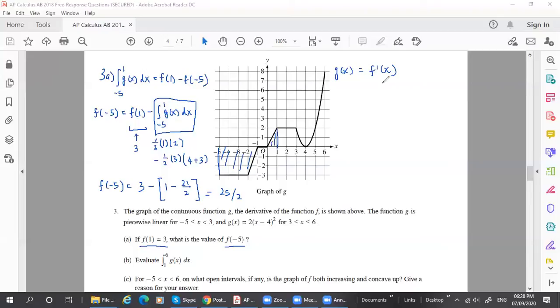Now that is for part A. Let's move on to part B. For part B, we are to evaluate the definite integral of g from 1 through 6.